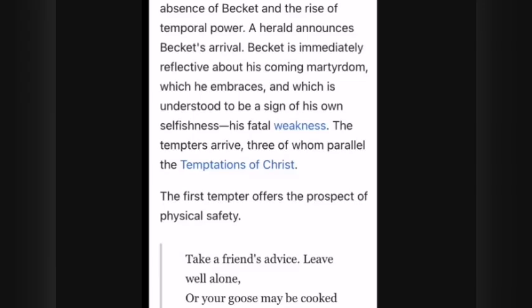Now, there are three priests present and they reflect on the absence of Becket and the rise of temporal power. So there was a discussion between three priests. They were talking about how this man has gone on, call it exile, or he was just absent. Nobody heard from him for 7 years.